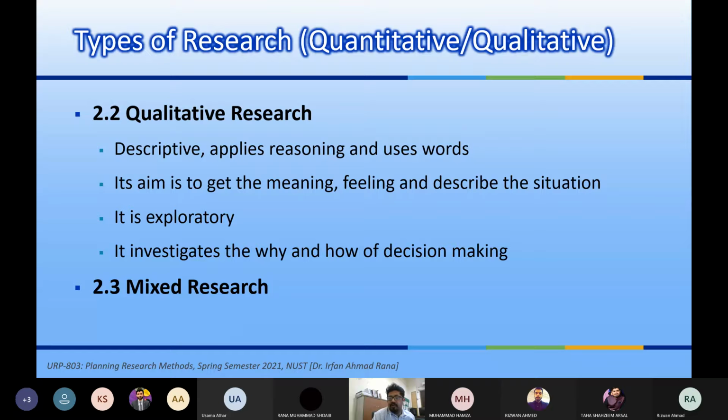Sometimes you are going for interviews, questionnaire surveys or household surveys. Then some of the questions can be written in the form of quantity, and some of the questions, like interview questions or open-ended questions, might be analyzed through qualitative methods. So depending on the data type, you might employ a quantitative, qualitative, or mixed method approach.